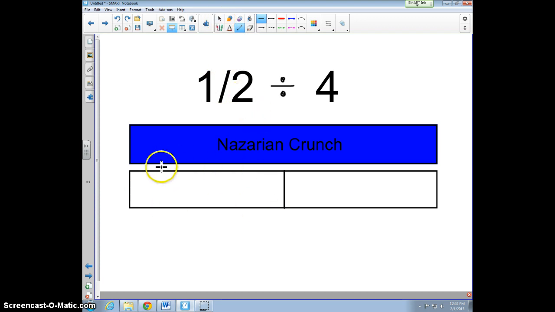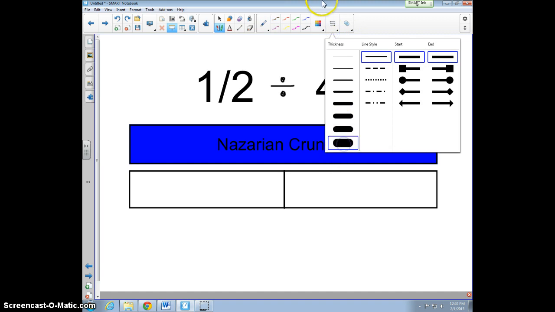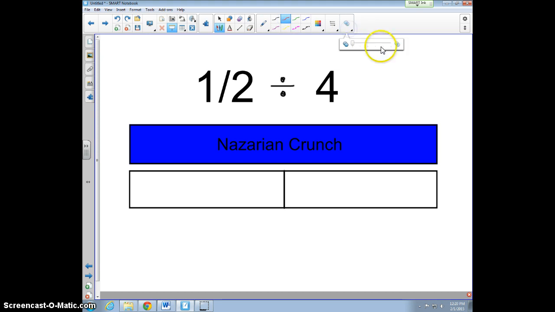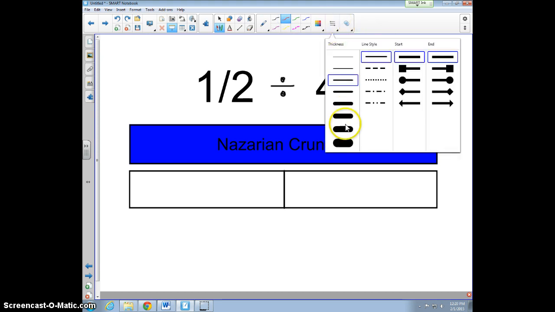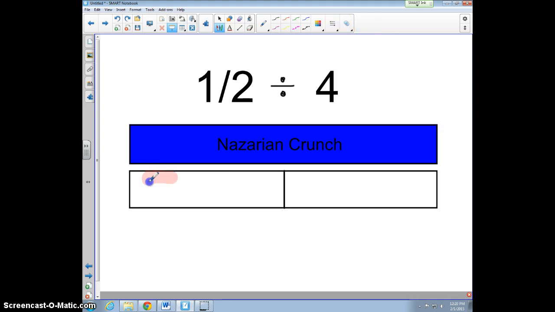So this half, which is, remember, designated for the winner, I'm just going to quickly fill in. So let's have this half be red. Okay. So this half right here is going to go to the winner. All right.